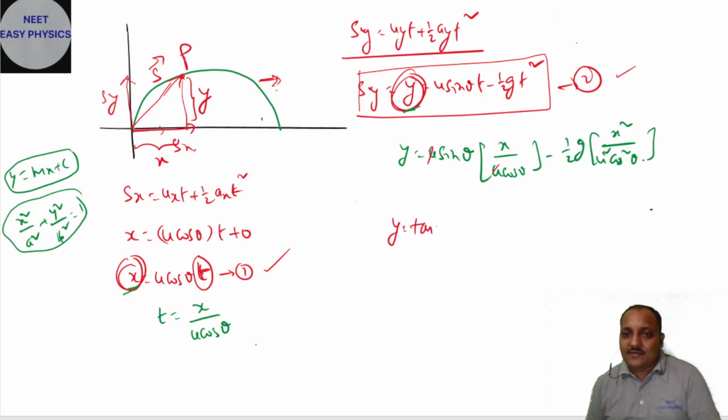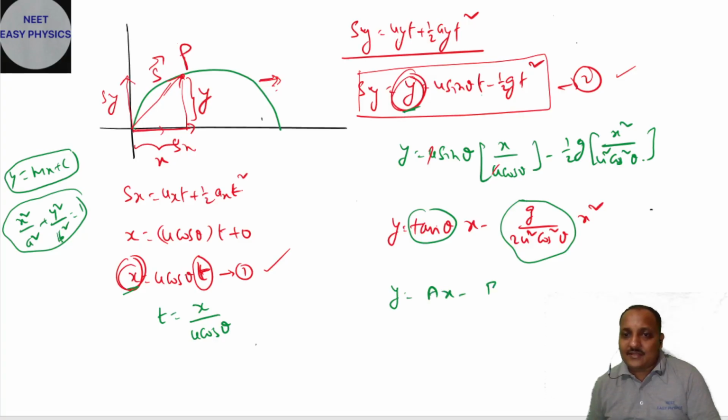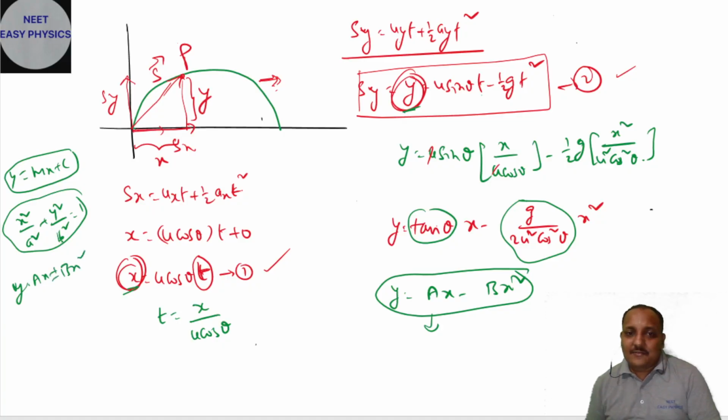Y is equal to tan theta x minus g by 2u square cos square theta x square. Now you can take tan theta as a, and g by 2u square cos square theta as b, so ax minus bx square. This equation, y equal to ax minus bx square, represents a parabola. Therefore, the path of the projectile is a parabola.